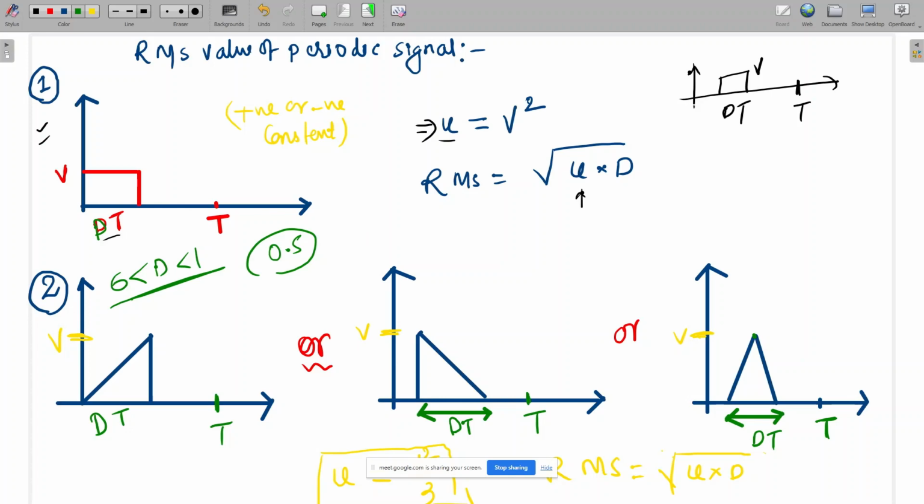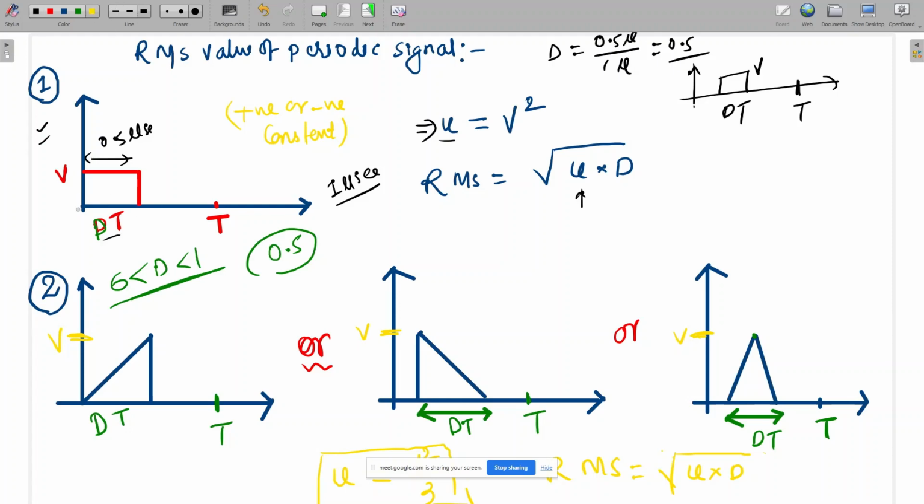Let's say T is equal to 1 microsecond. If this pulse is 0.5 microsecond, what will be the duty? Duty will be this divided by this, so duty is equal to 0.5 micro divided by 1 micro, which is 0.5.